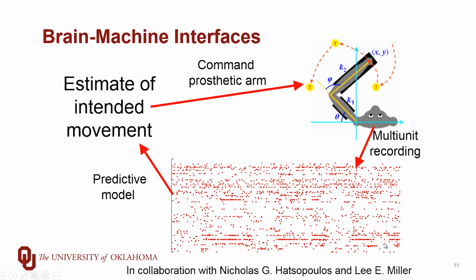So the electrodes give us a picture of what the monkey is attempting to do. This is a representation of the data that we get from the electrode array. Time is running along the horizontal axis here, and each row corresponds to an individual neuron or small group of neurons, and the tick marks correspond to individual action potentials. You'll notice that there are certain neurons where we have a whole set of action potentials that come very quickly, and then there's some period of time where there's a pause.